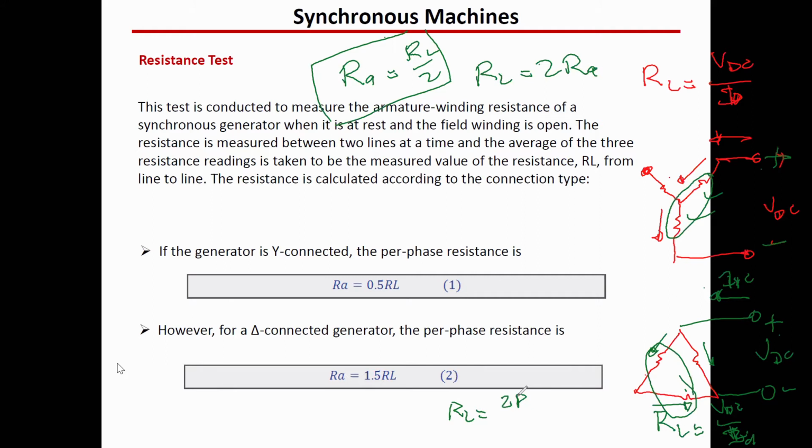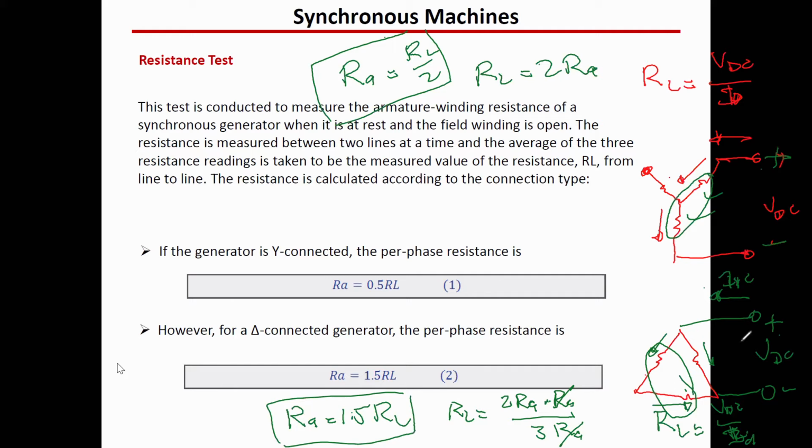So 2RA multiplied by RA divided by 3RA. Do you agree? Yes. So this will be cancelled with this. So RL will be 2/3 RA, which means RA will be 1.5 RL.